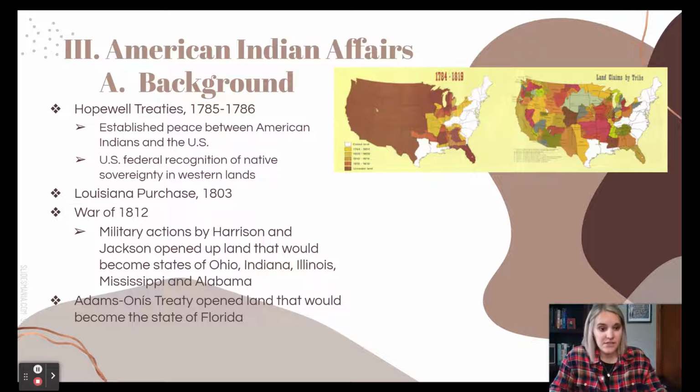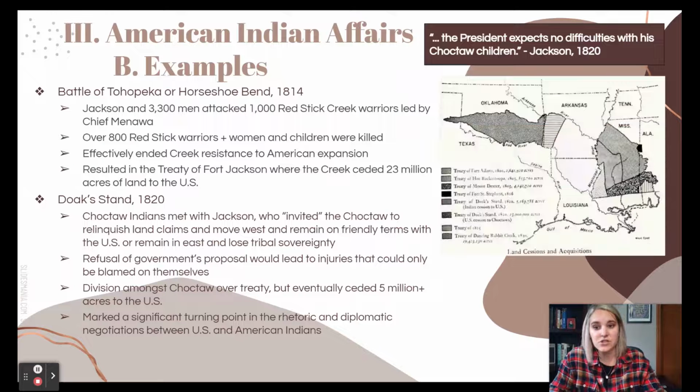And especially if you live in these areas, there are some significant local histories that are super helpful for understanding these changes. I've chosen to look at just two. So first, we have a major battle led by Jackson. It's most often called Horseshoe Bend in 1814. Jackson takes 3,300 men and attacks a little over 1,000 Red Stick Creek warriors.